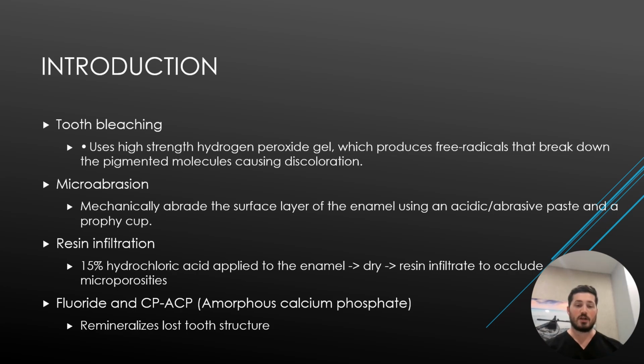And resin infiltration, you'll use a 15% hydrochloric acid, which you'll apply to enamel, you'll dry it, and then you'll apply a resin infiltrate to hopefully occlude the microporosities that you expose. And then the fluoride and the CPP-ACP, or amorphous calcium phosphate, those are the remineralizing agents to help gain tooth structure back.